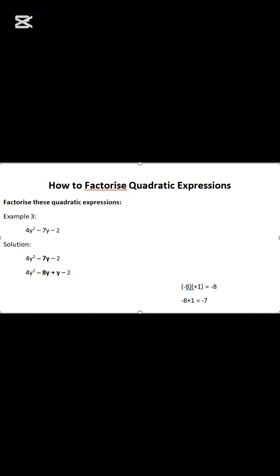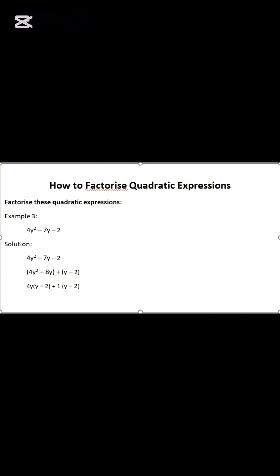Now let's group them in twos. The first group will be 4y squared minus 8y, and the second group will be y minus 2. From the first group, factor out 4y. That gives us 4y into brackets y minus 2. And from the second group, there's not so much to take out except plus 1.